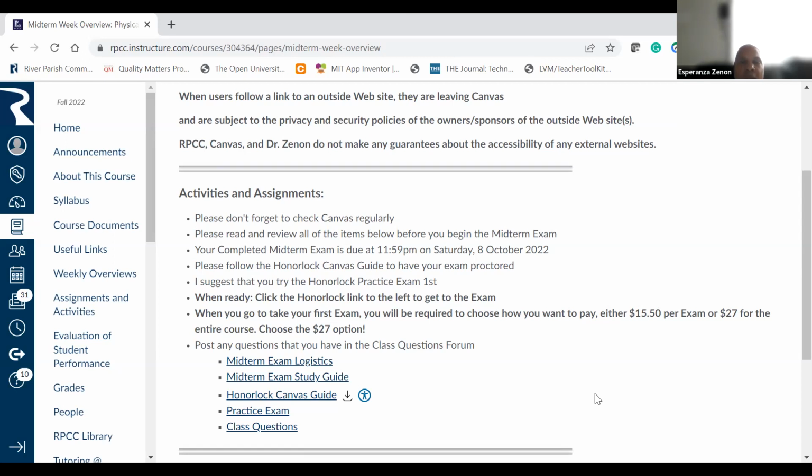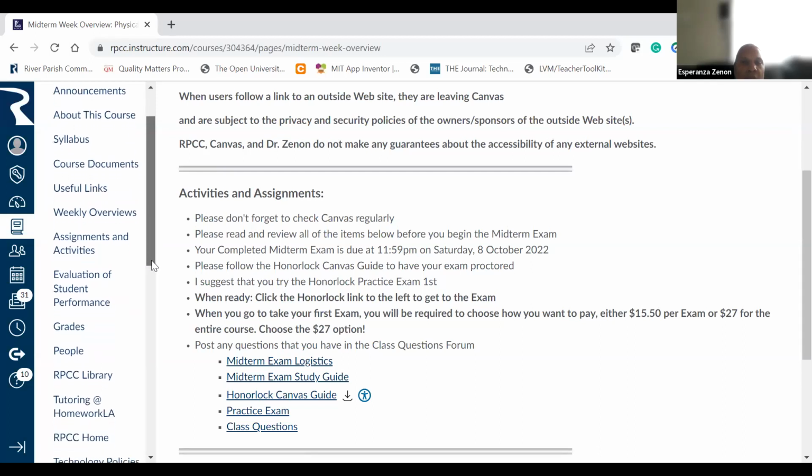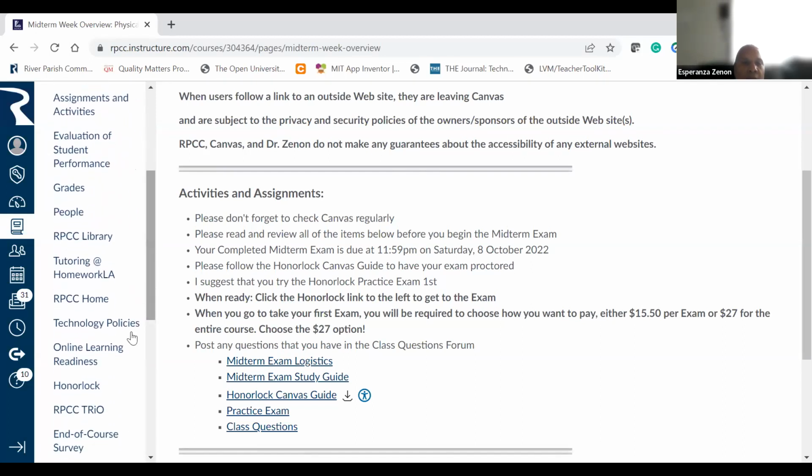I suggest that you try the practice exam first to work through all of the kinks and make sure everything is set up correctly. Once you're comfortable that everything is functioning properly, click on Honorlock on the left menu, and then you'll see a link to the midterm exam.